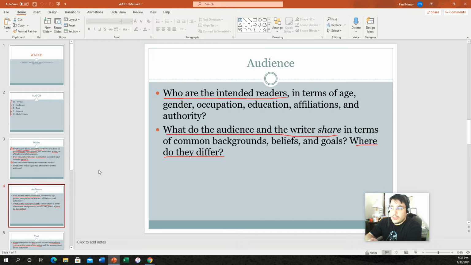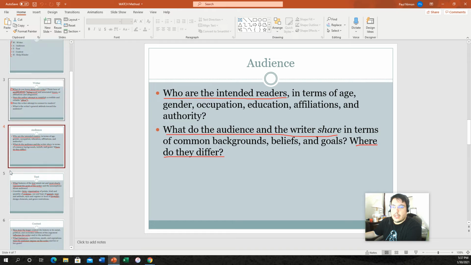You can make the assumption that they are religious, that the author is religious, and that the author is assuming that their audience is religious as well. Whether you happen to be or not, that might play into whether or not you are the intended audience or not.